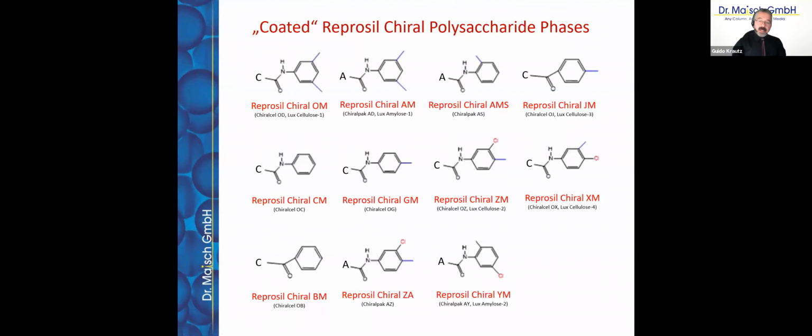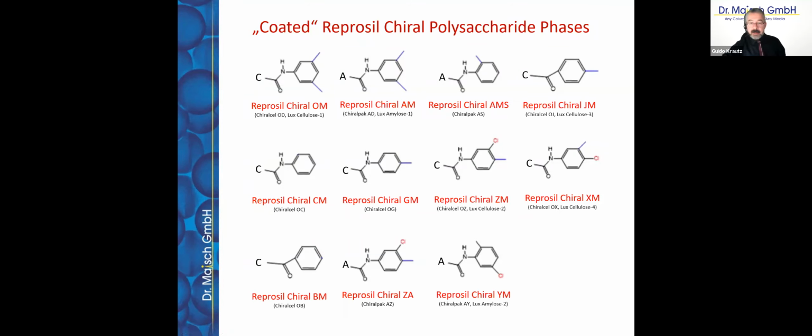So on this slide, you see an overview of the chiral selectors which we have available. Our chiral stationary phases are called ReproSil Chiral, and the last 2 or 3 letters stand for the type of chiral selector. C stands for cellulose, and A stands for amylose as a polysaccharide.